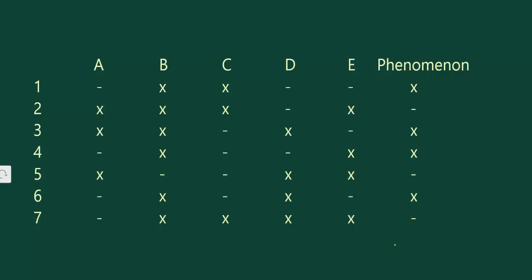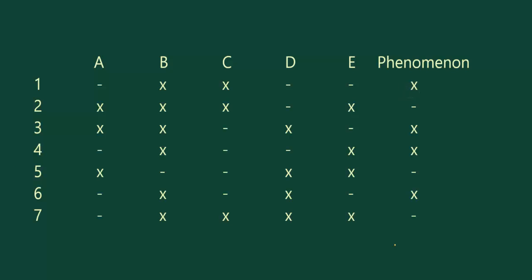Then what we do is we start, like we do with the method of agreement, by looking at the cases in which the phenomenon occurs, but the condition in question doesn't. So the phenomenon occurs in case 1, but it doesn't for A. That means A can't be a necessary condition.